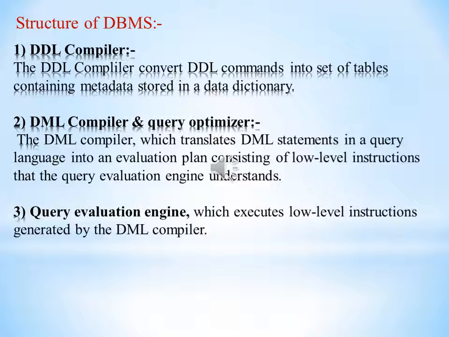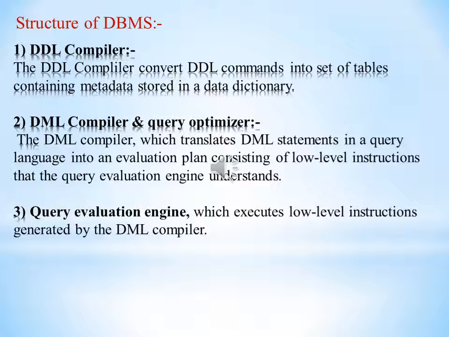The following components are the DDL compiler. The DDL compiler converts the DDL commands into a set of tables containing metadata stored in a data dictionary. The metadata information includes names of the files, data items, storage details of each file, mapping information and constraints.